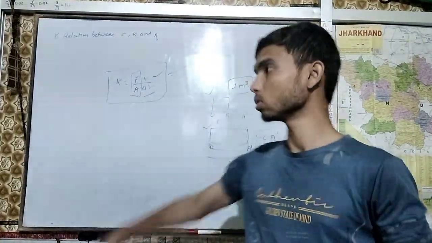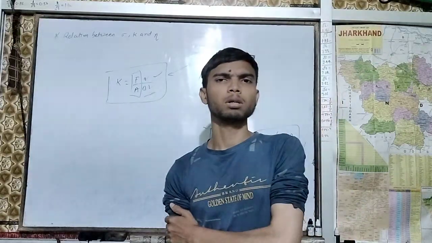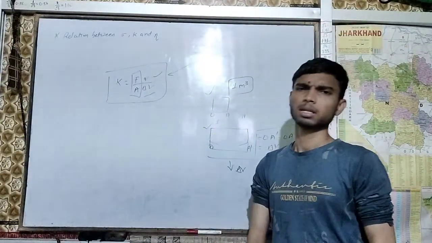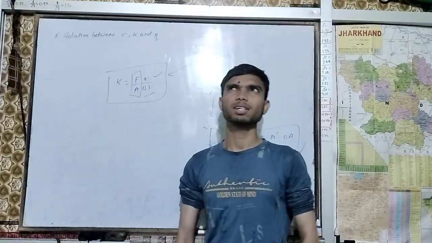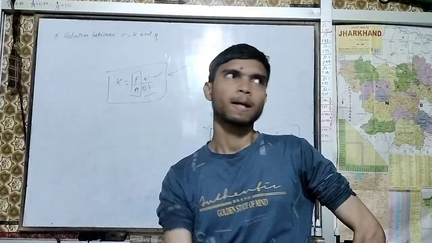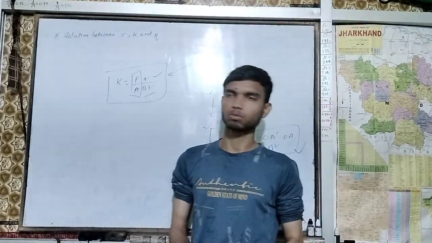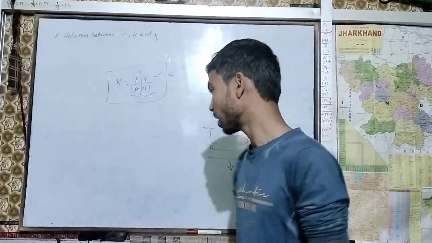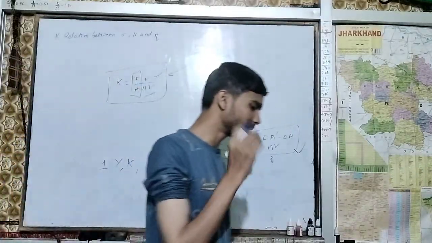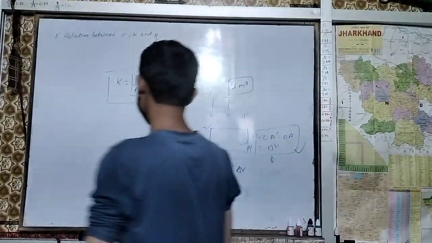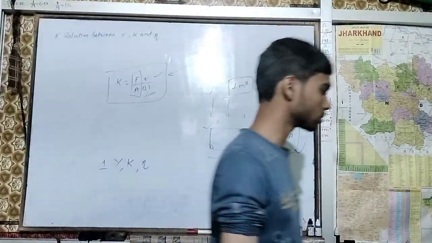Except this, I took the second, the relation between Poisson ratio, bulk modulus and rigidity modulus. The first relation is between Young's modulus, bulk modulus, and Poisson ratio.